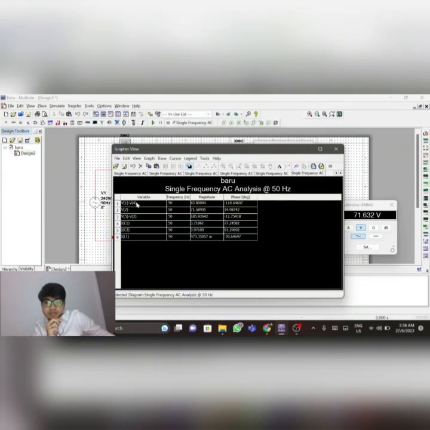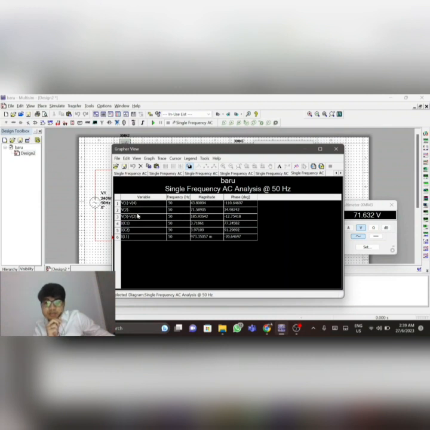V1 minus V4 is the voltage for the inductor, with magnitude 43.8 and phase negative 110.64 in volts. For the current of the inductor, IL1, the magnitude is about 973 milliamperes and the phase is negative 20.64 in ampere.